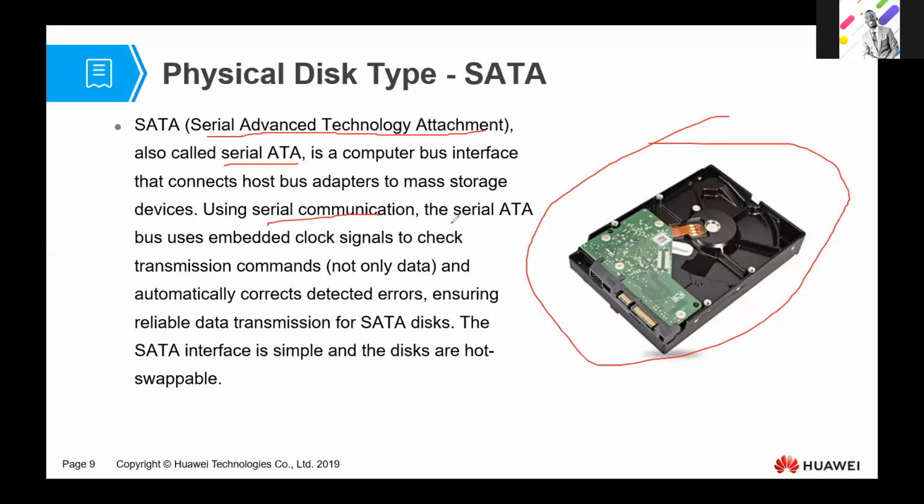Using serial communications, the serial ATA bus uses embedded clock signals to check transmission clock, not only data, and automatically corrects the detected errors, ensuring reliable data transmission for SATA disks. The SATA interface is simple and the disks are hot swappable. One of the advantages of this kind of disk is that they are hot swappable.